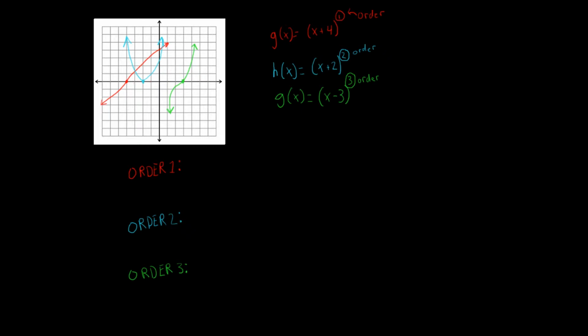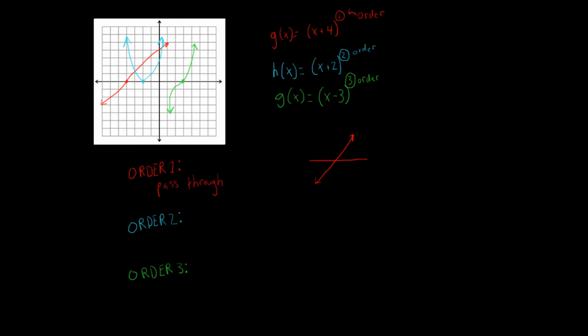As you can see, all of these orders do different things because the shape of the function looks completely different for all of them. Order 1, if this was the x-axis right here, you can see that it passes straight through the x-axis, almost as if it ignores it. So order 1, a linear function, means that the root will pass through.